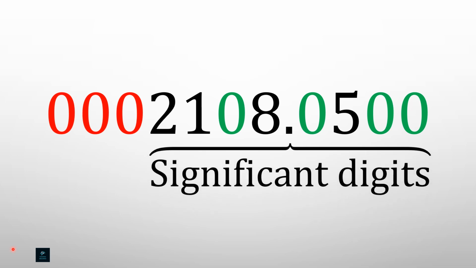Similarly, in this number 0002108.0500, the initial three zeros are not significant. The zeros in between are significant and trailing zeros after the decimal place are significant. Thus, in this number, we have 8 significant digits.